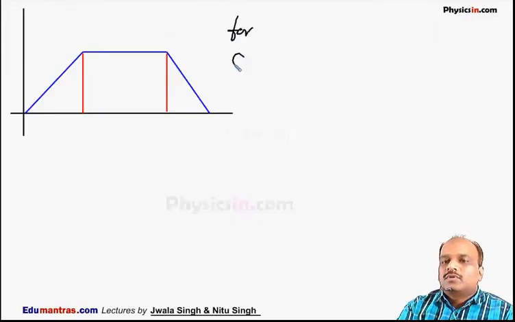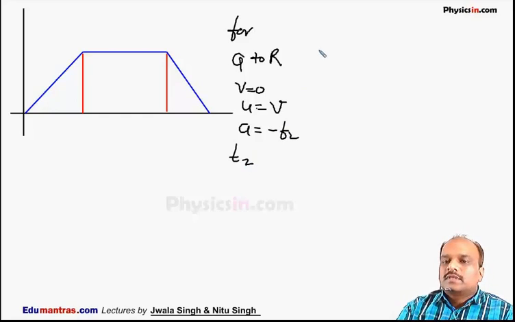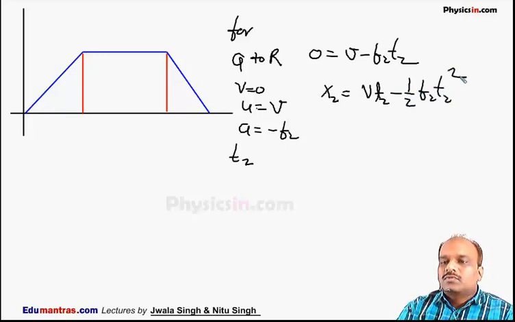For Q to R, the final velocity is 0, initial velocity is v, the acceleration is minus f2, the time is t2. So using v is equal to u plus at, 0 is equal to v minus f2 into t2. In the same way, I can say x2 is equal to ut, u means v into t2, minus 1 by 2, a means f2, into t2 square.